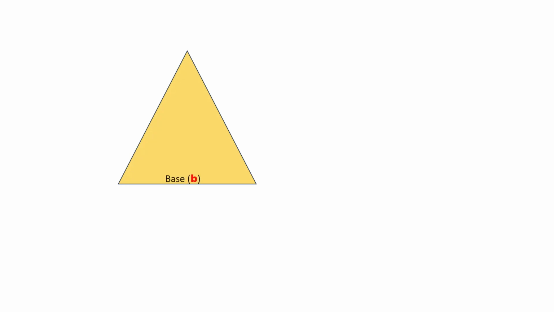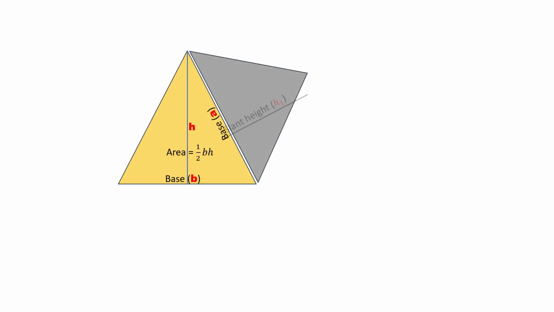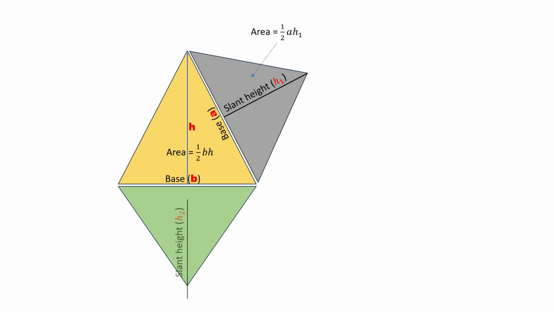We have this base triangle with base b and height h. Hence its area is half bh. Then we have this second triangle on the side with base a and height h1. Hence its area is half ah1. We also have this third triangle on the side with base b and height h2. Hence its area is half bh2.